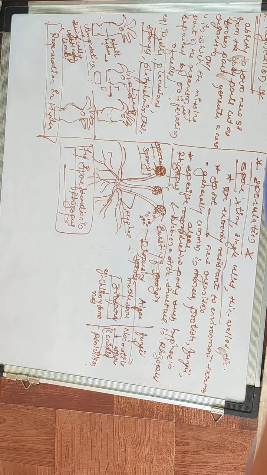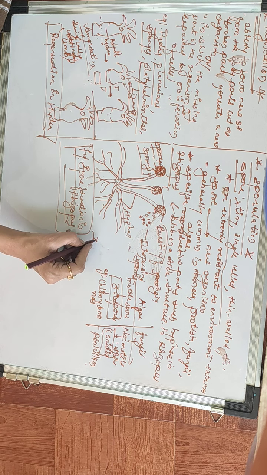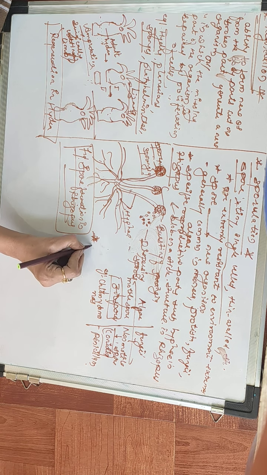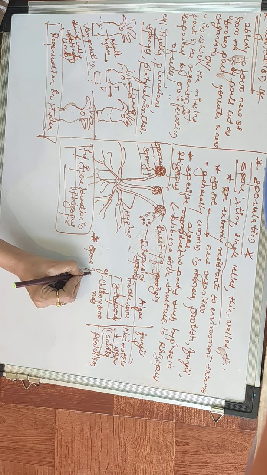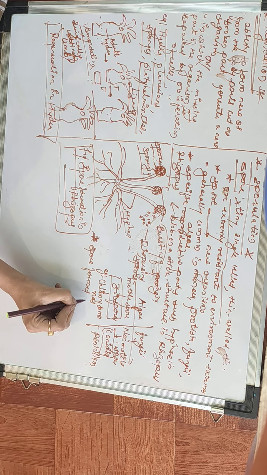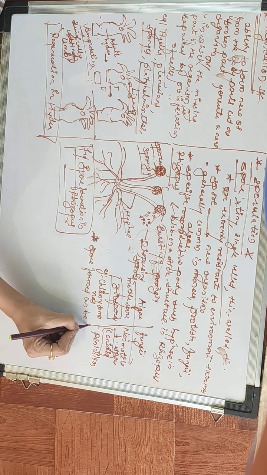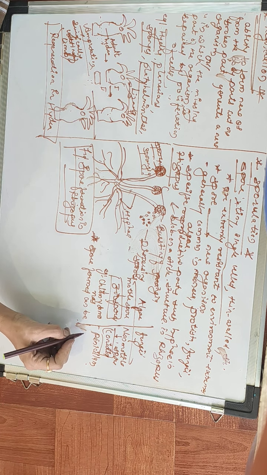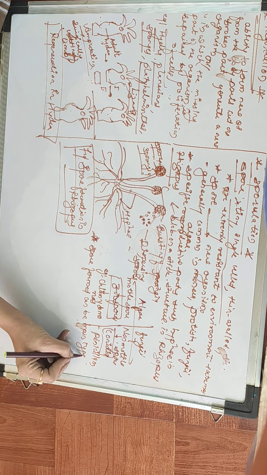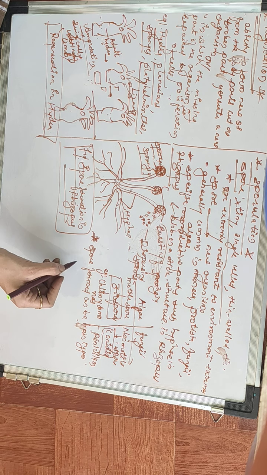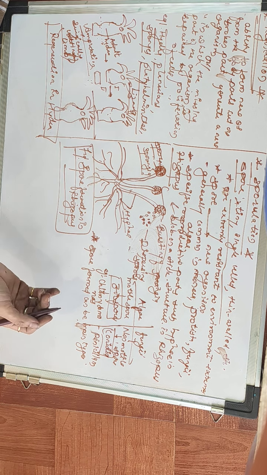But one more important point is that the spore forms can be of the following main types. There are different types of spores or forms. Here I am writing the spores formed can be of the following main types.